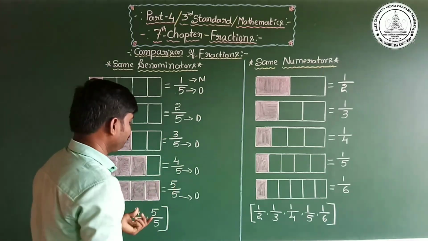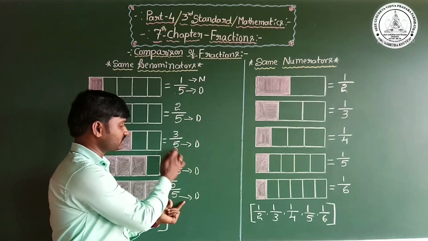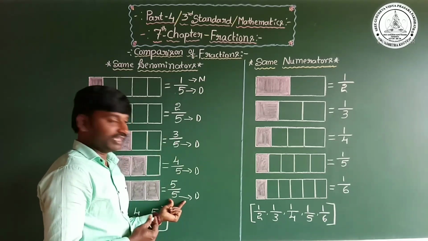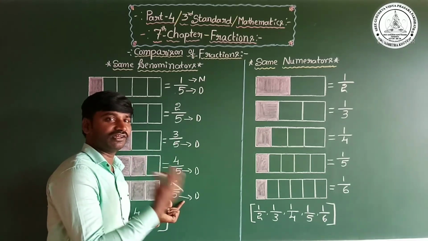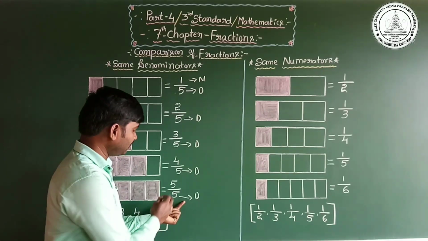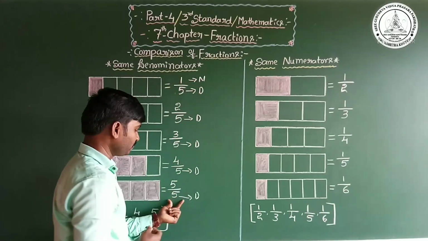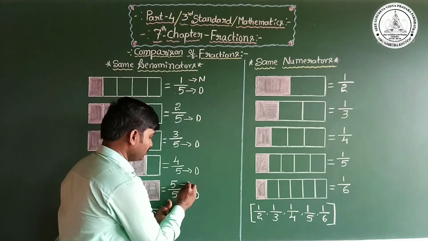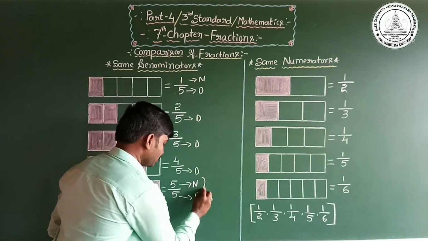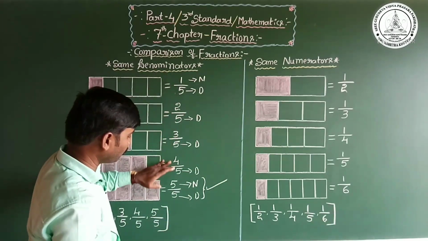Observe, dear students: when the denominators are the same, the greater the numerator, the greater the fraction. Here the numerators are 1, 2, 3, 4, 5. Which is greater? Yes, 5 is greater. The fraction with the greatest numerator, 5, is the greater fraction.